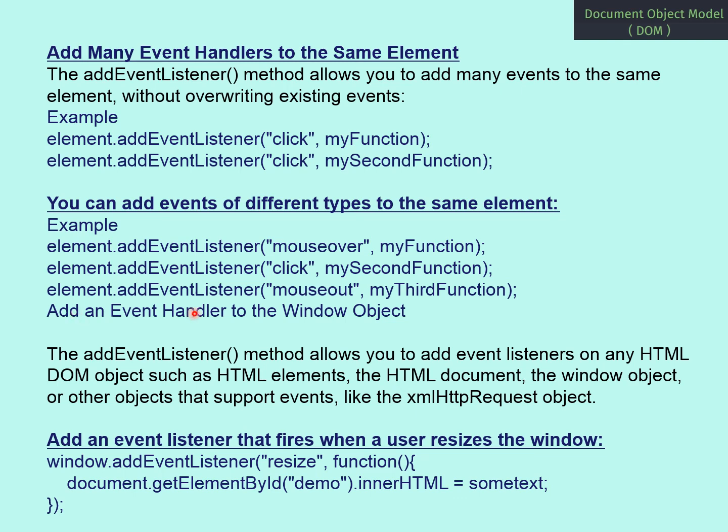So all these events are specified on a single HTML element. Now we can see how we can add an event handler to the window object. The addEventListener method allows you to add event listeners on any HTML DOM object such as HTML elements, the HTML document, the window object, or other objects that support events like the XMLHttpRequest object.